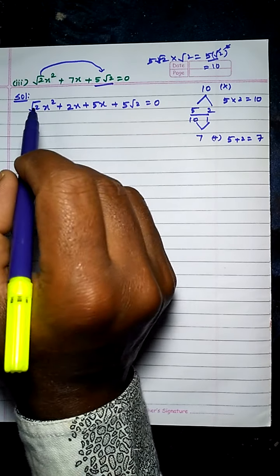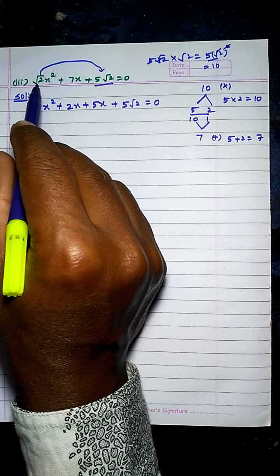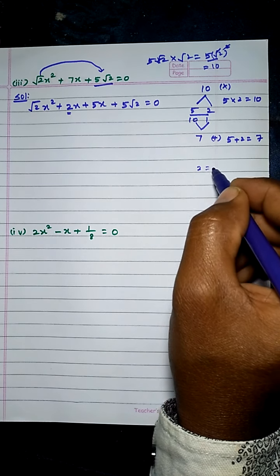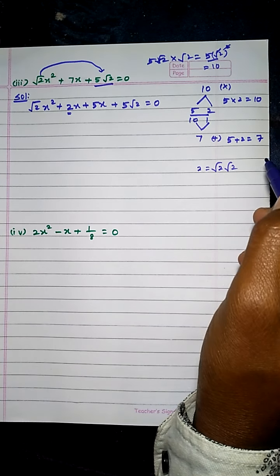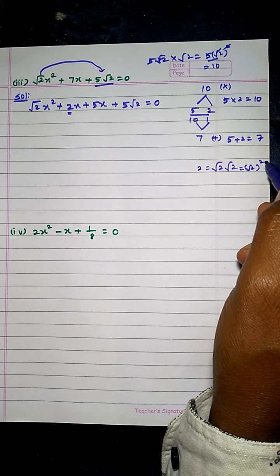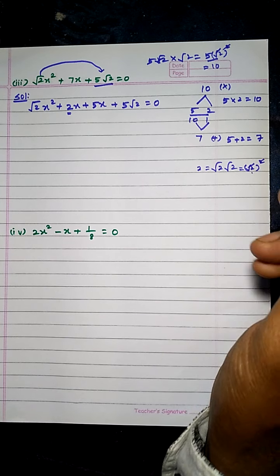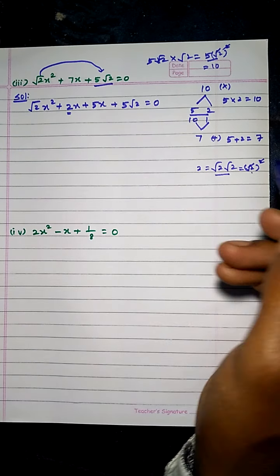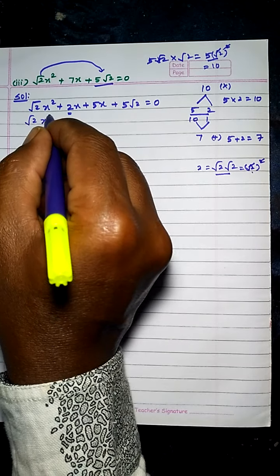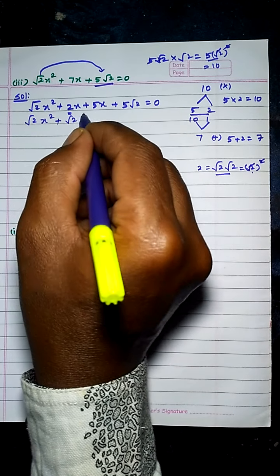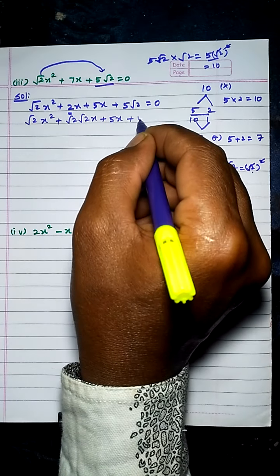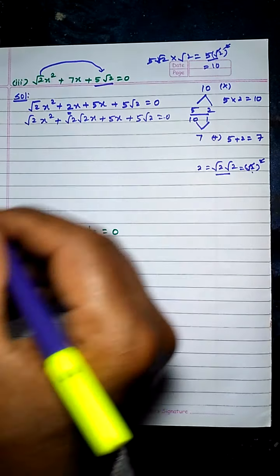Since we have a square root 2, 2 can be written as root 2 into root 2, because we know root 2 into root 2 whole square, square root cancel means 2. So 2 can be written in this form to take the common outside. So root 2 into root 2x plus 5x plus 5 root 2 equal to 0.